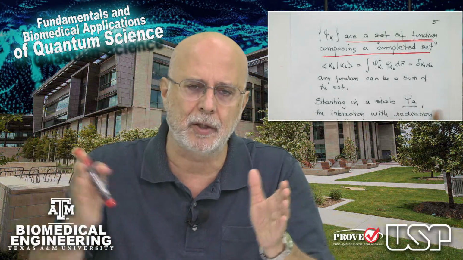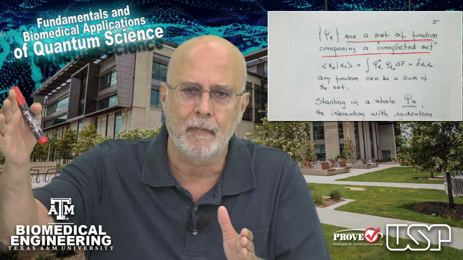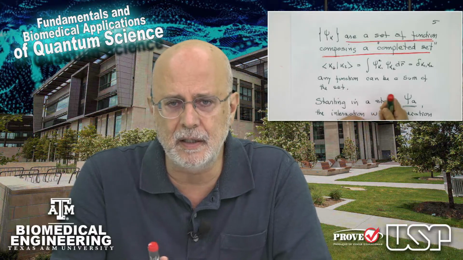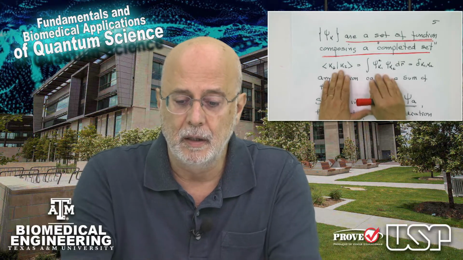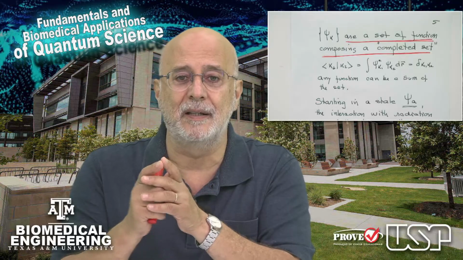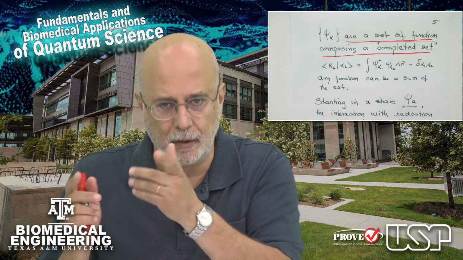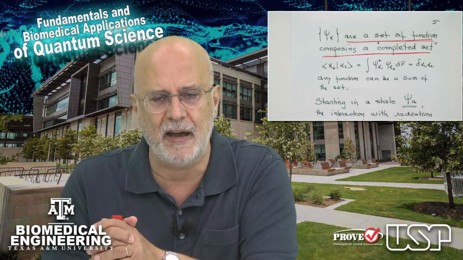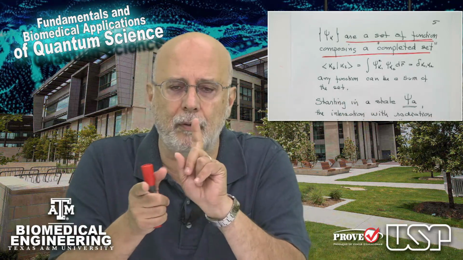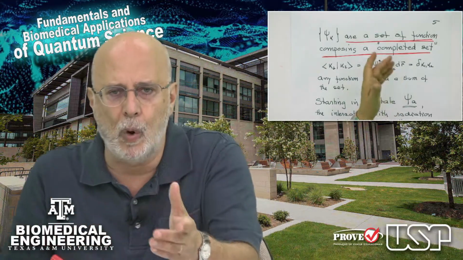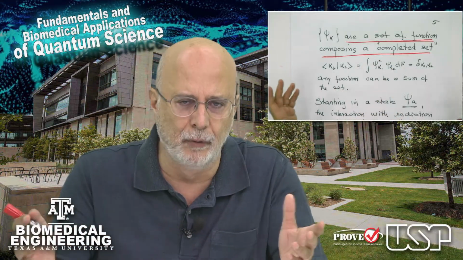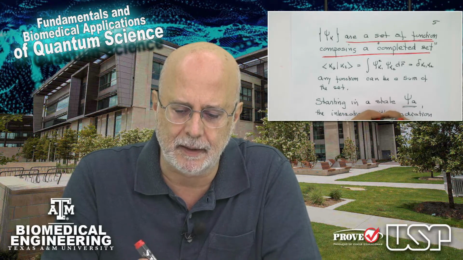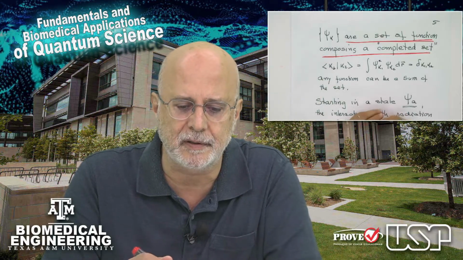Any vector in 3 dimensions can be expressed as a sum of those with coefficients that depend on the component in each direction. Here it is equivalent. And we know that the scalar product, or the dot product, between two linearly independent vectors is 0, because they are orthogonal. You cannot represent one with the other, right? They are fully orthogonal.